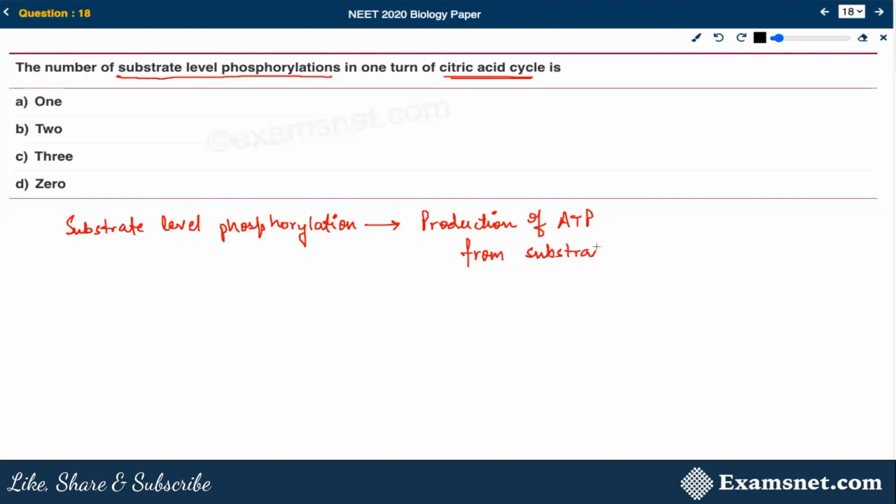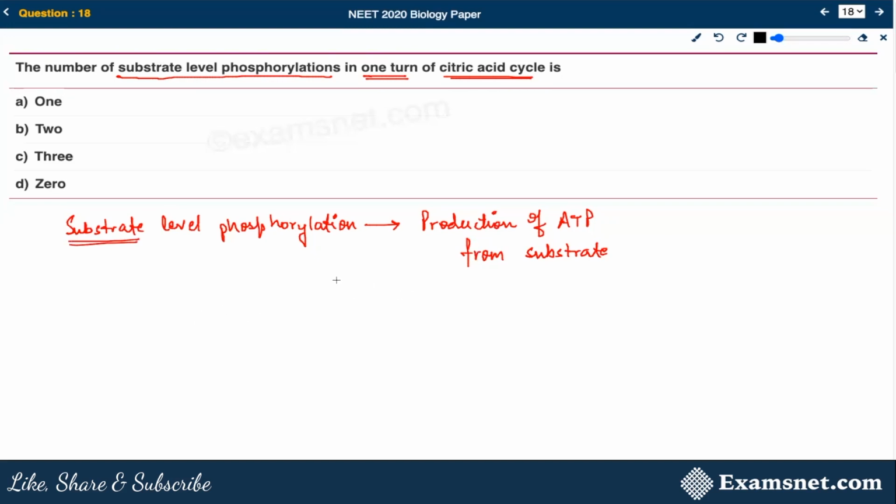This is the definition of substrate level phosphorylation. Now it is asking about one turn of the citric acid cycle. If you look into the citric acid cycle, then in one turn the net gain of ATP from substrate level phosphorylation is 1.